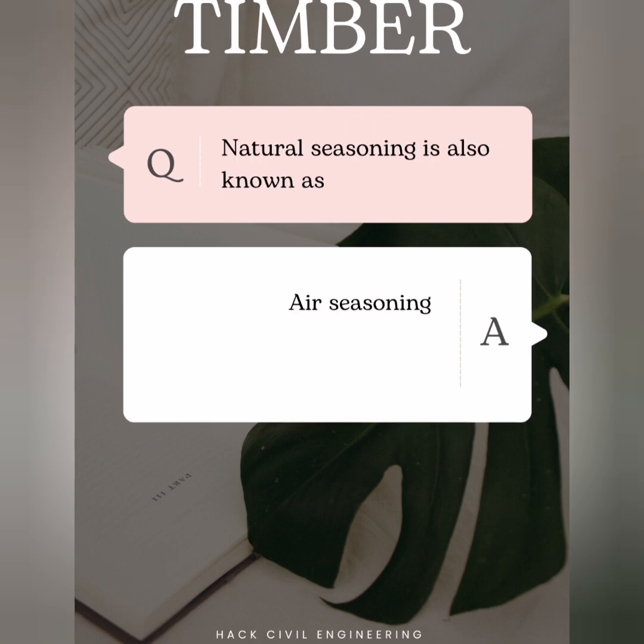Natural seasoning is also known as air seasoning. Duration of natural seasoning: 2 to 4 years. Timber gets brittle in which seasoning? Water seasoning. Uniform seasoning occurs in which method?